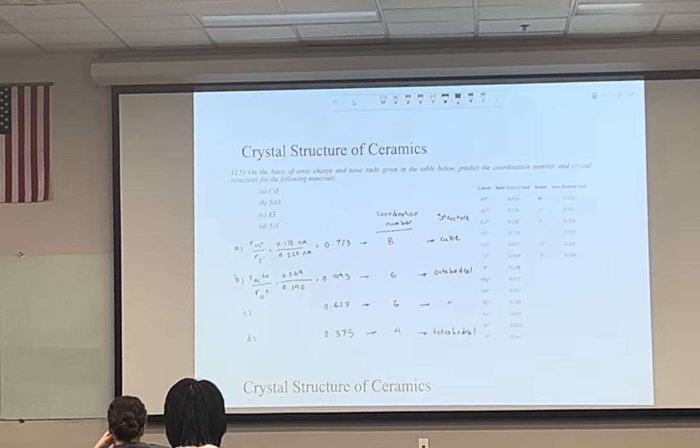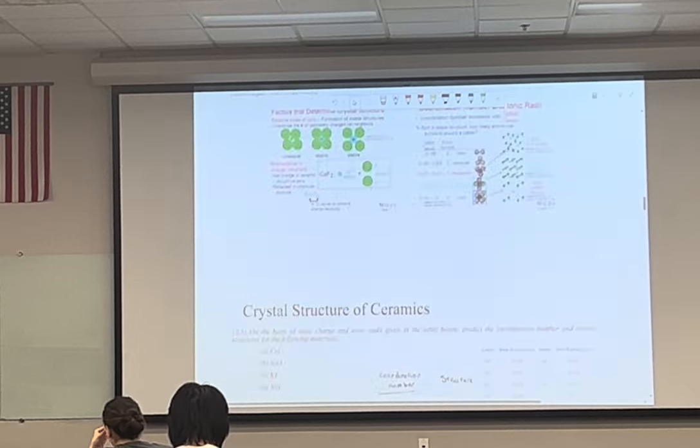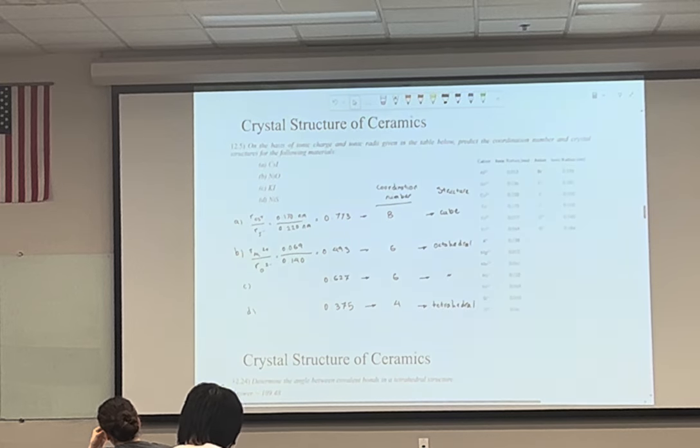Then the ratio, and finally the structure based on the coordination number, which we get from the table that we just saw on the previous slide. Any questions on this one?